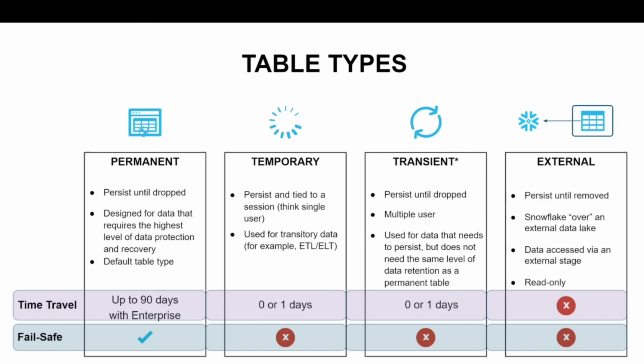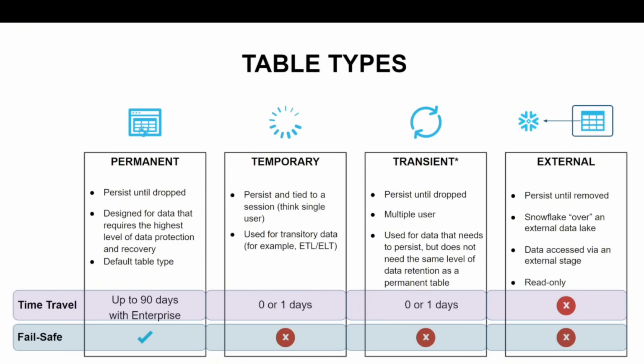Now, what is a permanent table? A permanent table is going to persist inside your Snowflake account until you physically go and drop that table. This is designed for any data which requires the highest level of data protection and recovery. In Snowflake, there is a feature where you can retain the data, which helps in terms of data protection and recovery, and we are going to talk about that in upcoming videos.